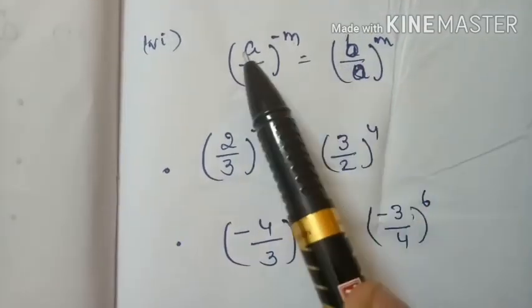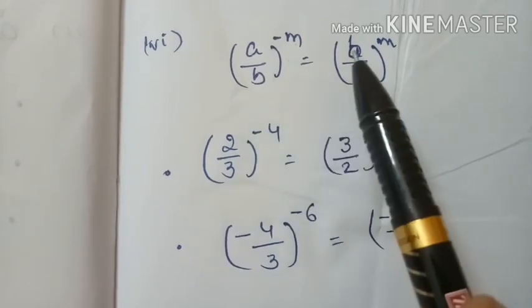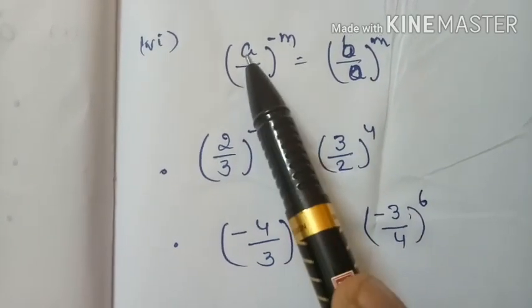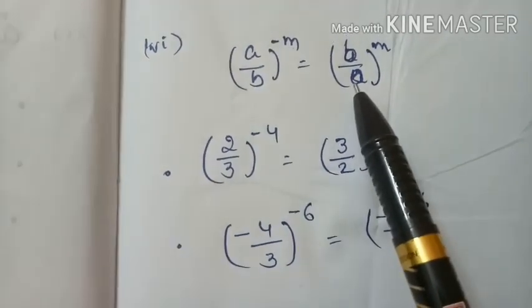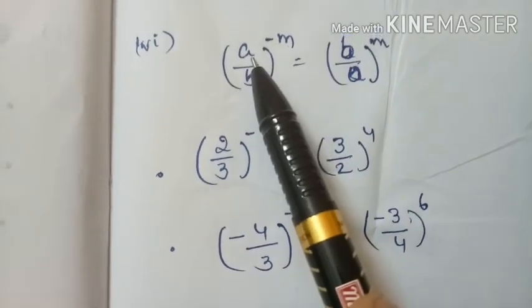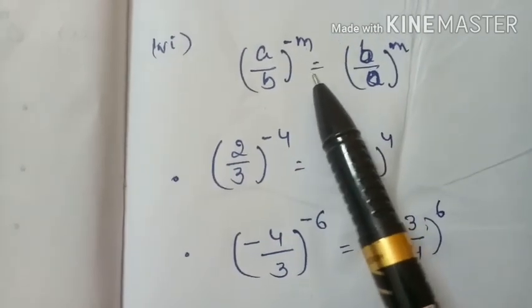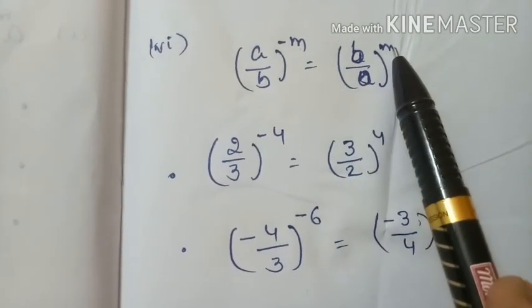Where is the difference? Here it is the reciprocal only. That means the numerator becomes the denominator, and the denominator becomes the numerator. a becomes b by a. That is a by b whole to the power of minus m is equal to b by a whole to the power of m.